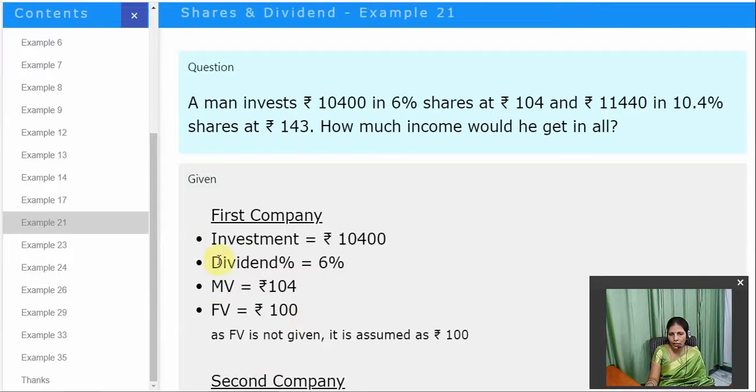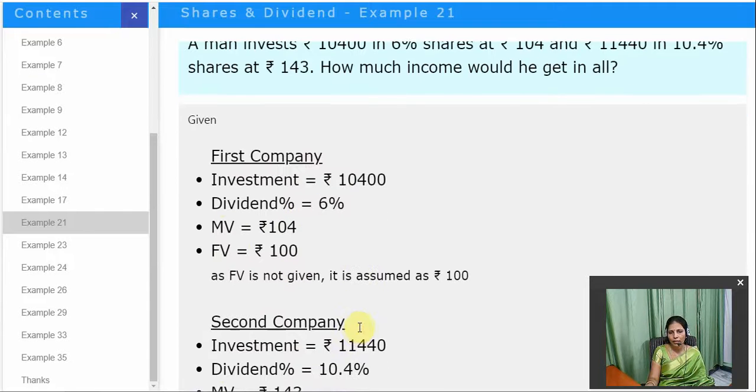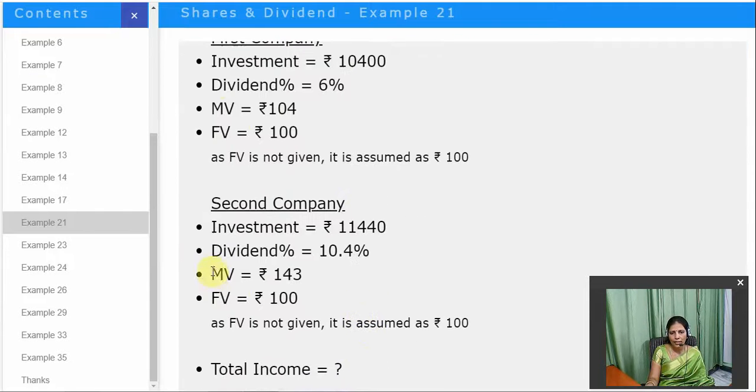This is the given data of the first company. Now come to the second company. Investment is 11,440, dividend percentage is 10.4%, market value is 143 and face value is 100. Now this is the data for the second company. Clear, students?